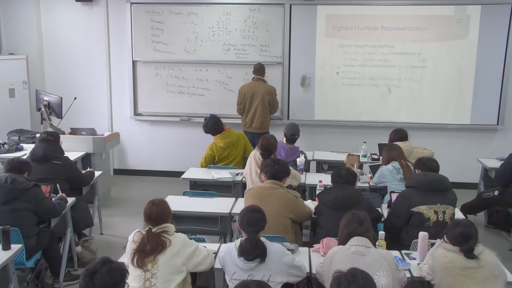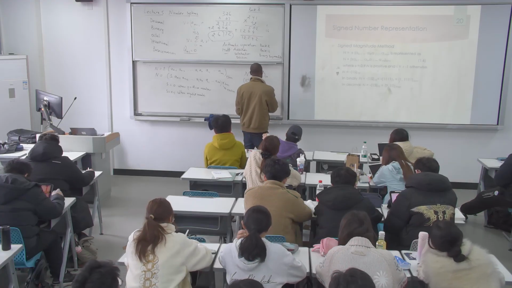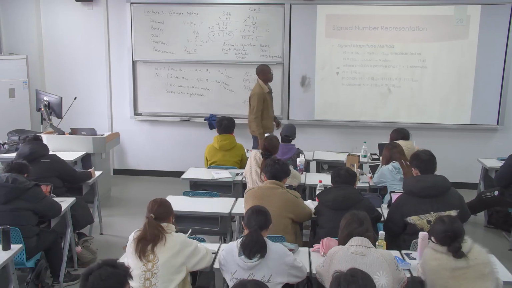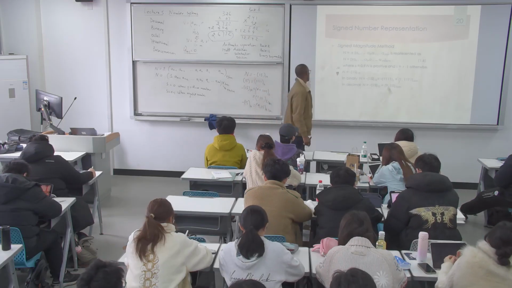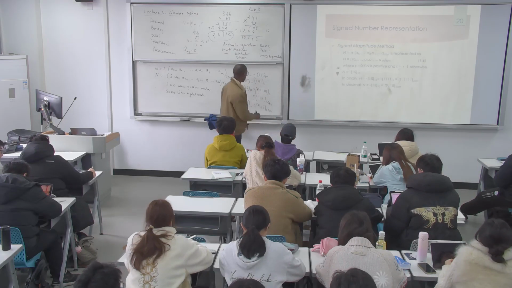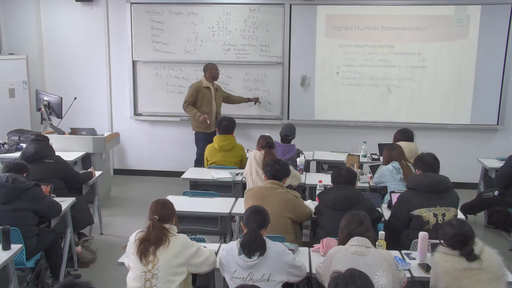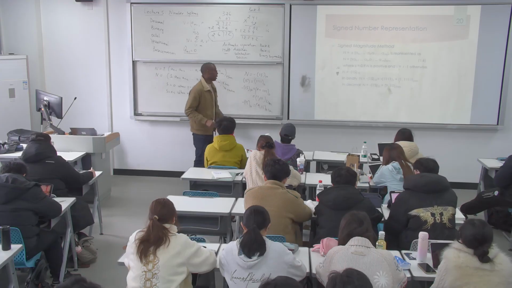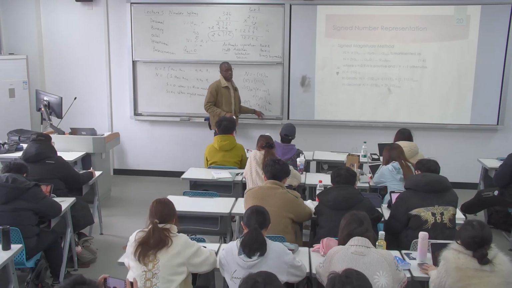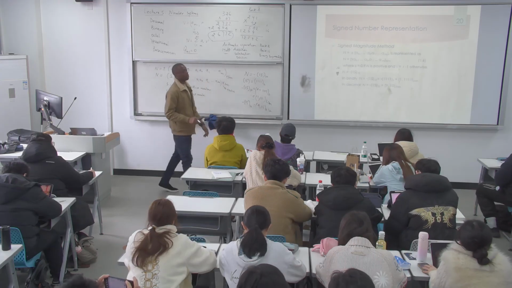That is 10 signed magnitude. Clear? So you can add a comma here to differentiate the number itself and the signed magnitude number. Clear?